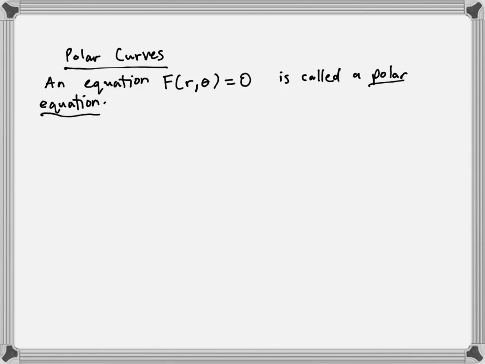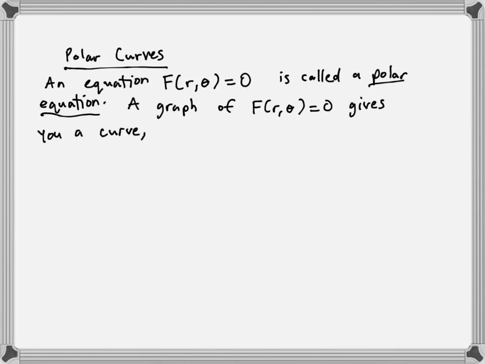When you graph those points on a coordinate axis, a graph of f of r theta equals 0 gives you a curve called a polar curve.